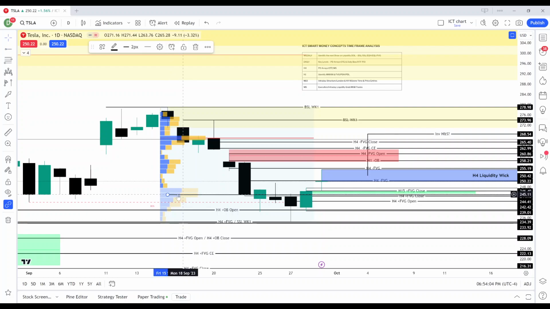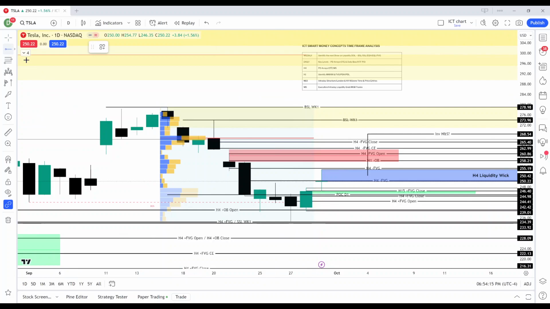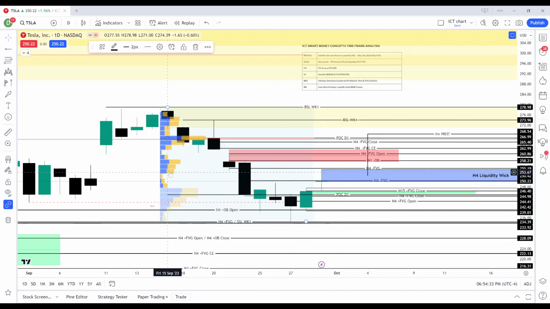And I'm going to label that point of control on the 1 day time frame. Okay, and then we have a second one that's even bigger. That's going to be all the way back up here at 267. Okay, and that's going to be a point of control 1 day. Both of those for volume on this swing.